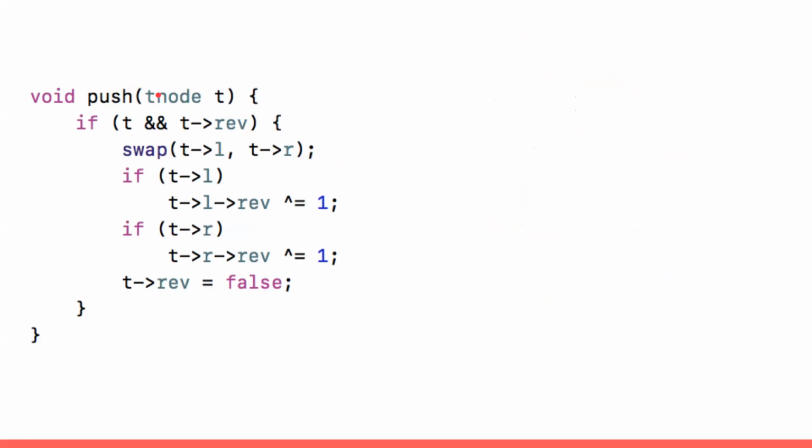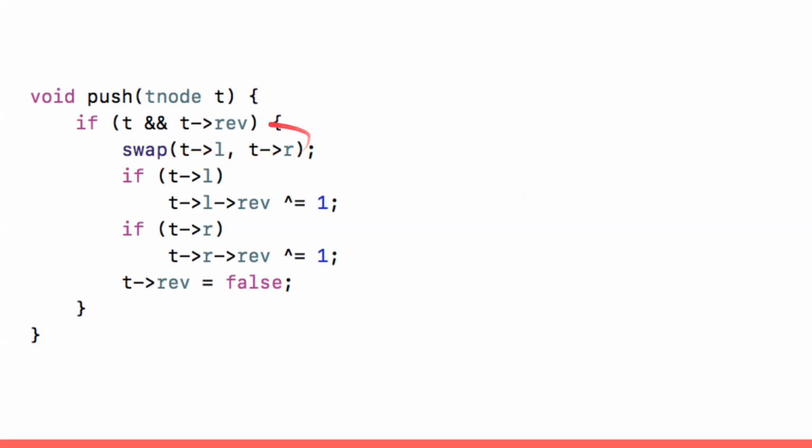So we are going to have a push function that will check if we need to make a reverse for some node. If this node is not null and we need to do that, in order to reverse all the nodes in our subtree, we should swap our left and right sons.